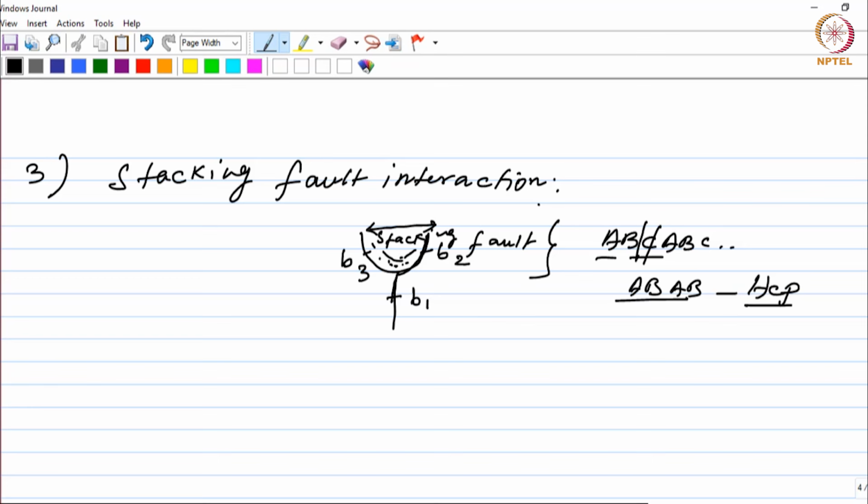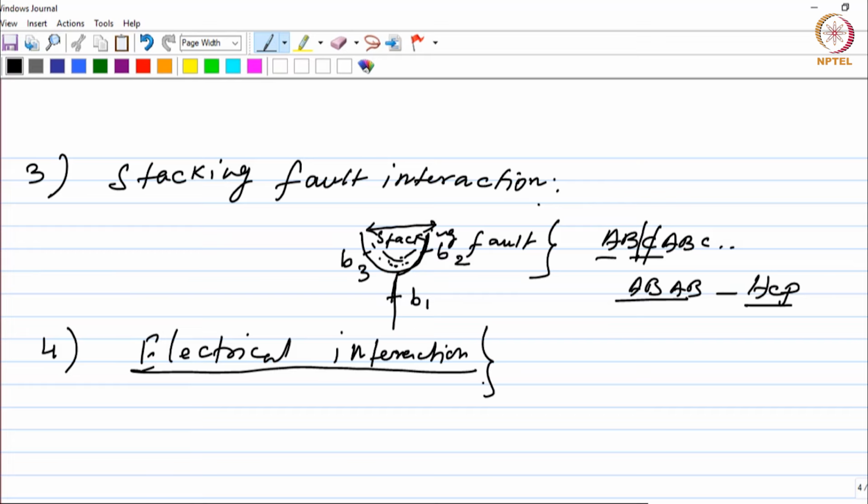Like you have elastic interaction and the attraction between opposite stress fields, you can also have electrical interaction, where there can be attraction between oppositely charged species. Because like how you have a stress field in the dislocation core, you also have a dipole in the dislocation core.